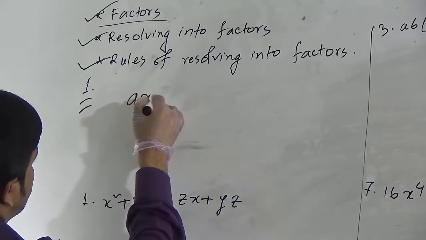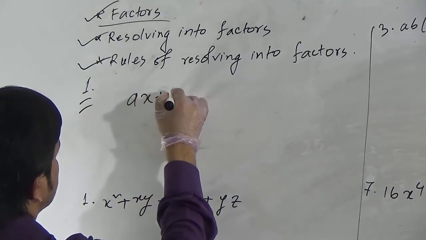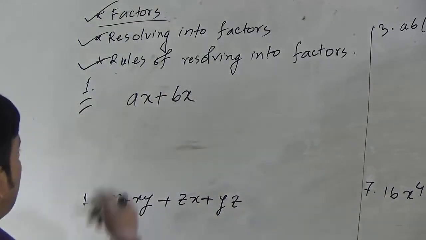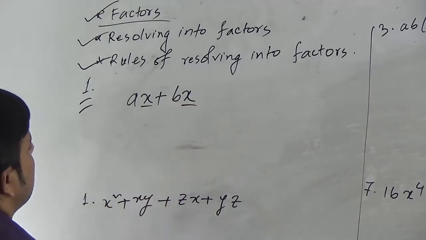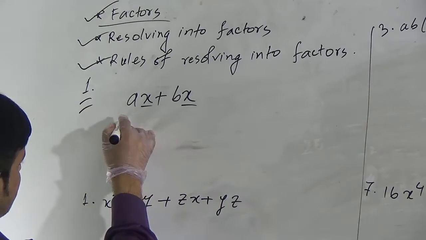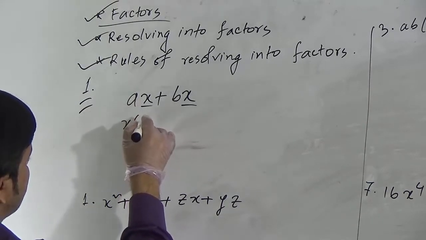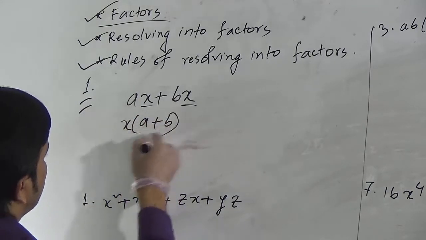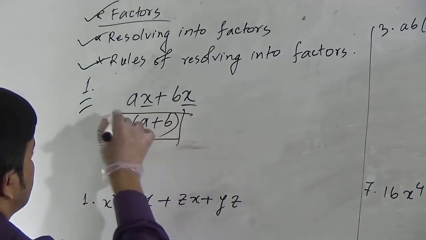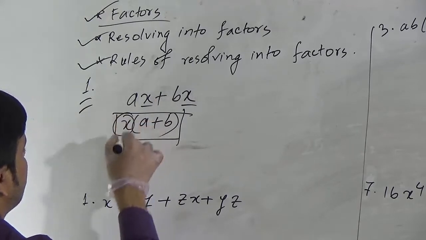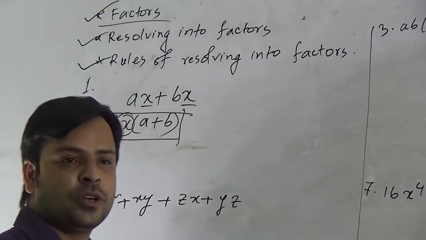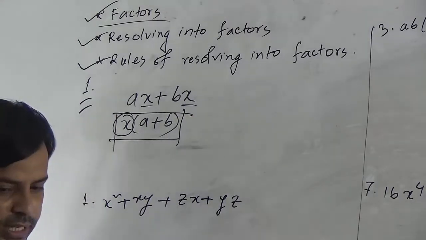If I write ax plus bx, here both the terms have x, so we can divide both terms by x. It means that we can take x as common. So our first rule is, if we get any common factor in the expression, at first we have to take that one common.